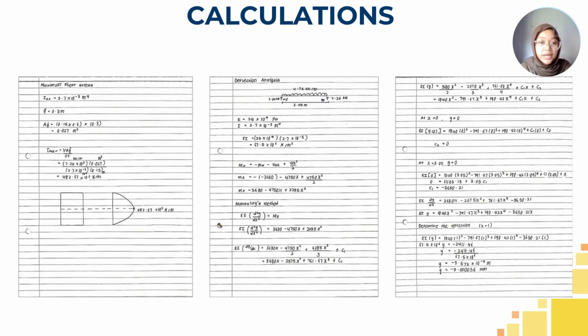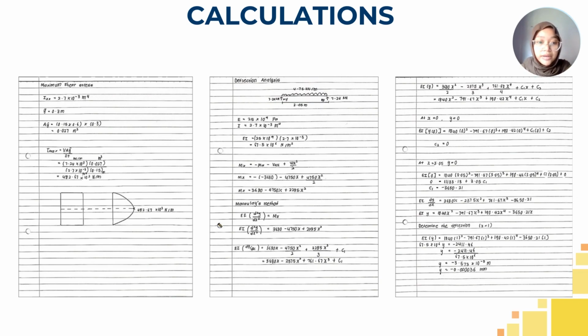Untuk EIY, hasil dapatannya adalah 18400x kuasa 2 tolak dengan 791.67x kuasa 3 tambahkan dengan 190.42x kuasa 4 tolak dengan 3650.21x. Jadi, untuk deflection adalah X sama dengan 1.